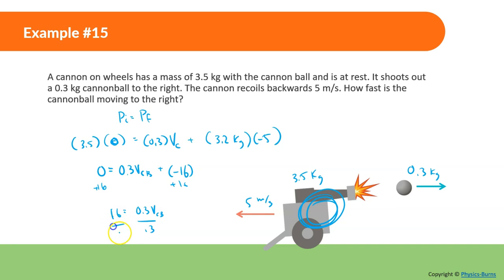Divide both sides by 0.3. And then the velocity of the cannonball should be 53.33 meters per second. Might have been a little confusing, so watch it back if it was.